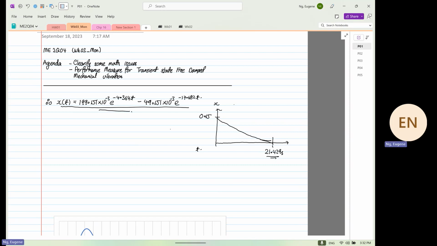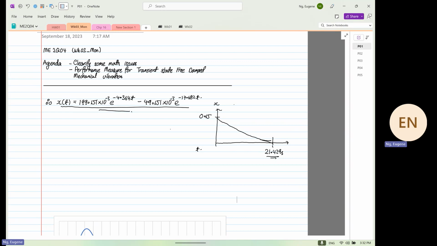So 199.151 to the power of minus 3. Now when you do the exponential, be careful, okay? Times the exponential of minus 4.364 T. Do not multiply by T, just put the variable, don't put a multiplication.